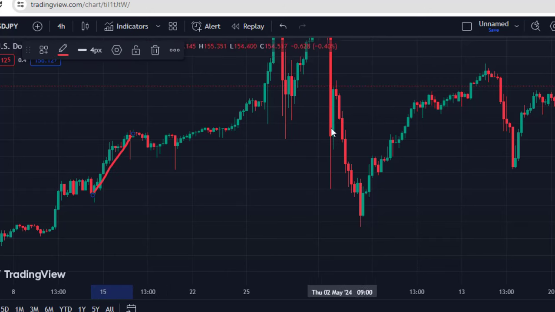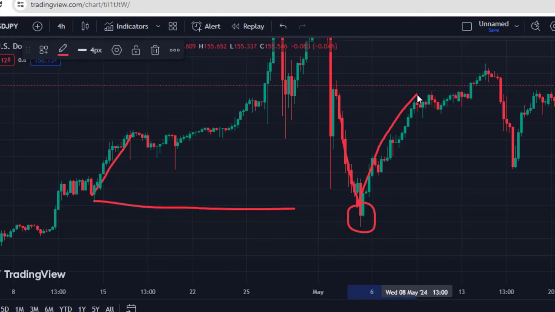So what happened here is sellers moved the market back down to the zones where buyers are. Okay, collect liquidity from this very price level of 152.63, and then from here a little bit to the downside, collect liquidity from this very area and begin to move the market to the upside.